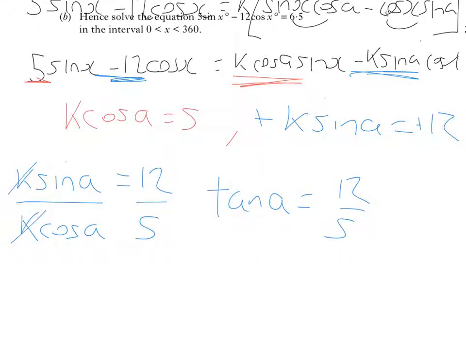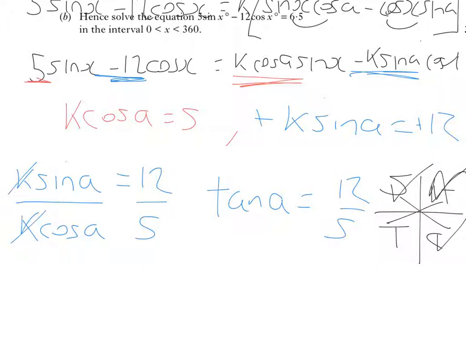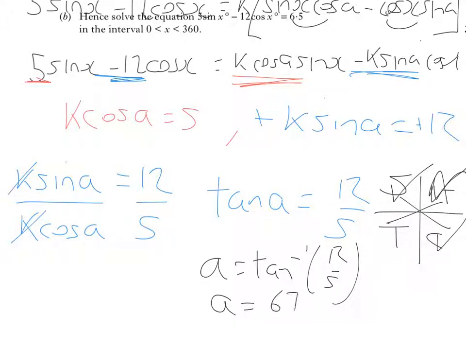So at this point I can put up the CAST diagram. So sin is positive, all in sin, and cos is positive, all in cos. 2 ticks in all quadrants, so that's where I am. So a equals tan inverse 12 over 5, and that's 67.4 degrees.